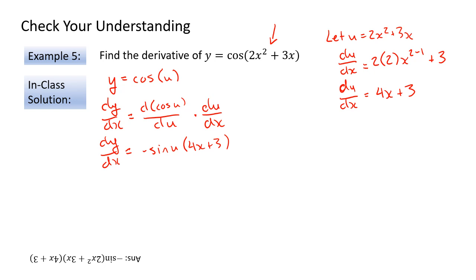So if we substitute all the values in for u, then dy by dx is equal to negative (4x plus 3) times the sine of 2x squared plus 3x. Okay, so as you see more of these examples, you should start to notice the similarities to when we did regular derivatives using these rules like the chain rule.